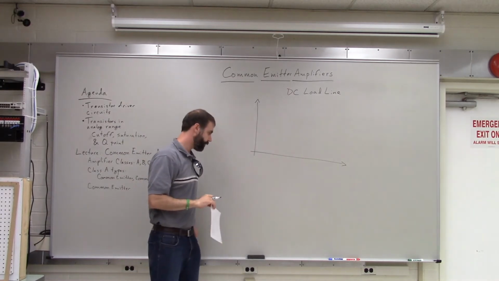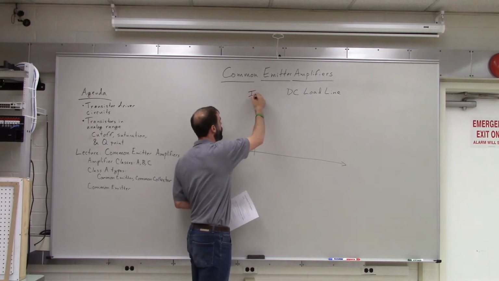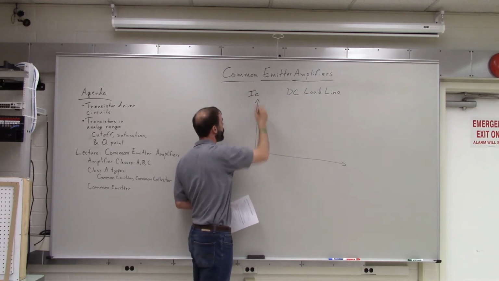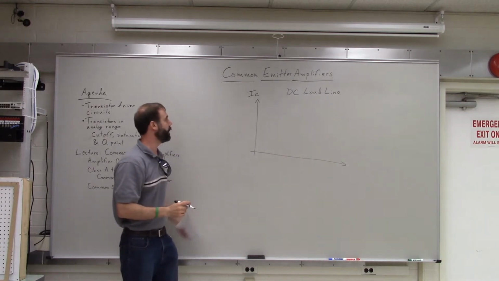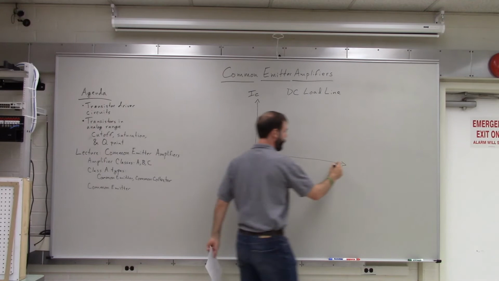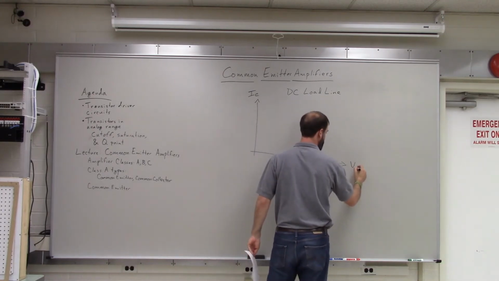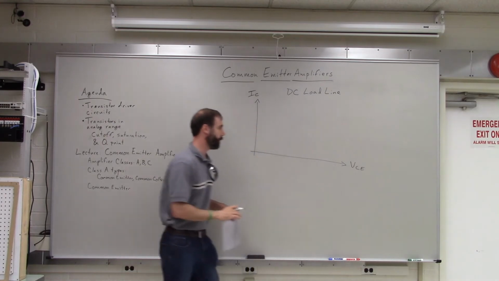On the vertical axis, we had the current through the collector, and on the horizontal axis, we had the voltage between the collector and the emitter. Okay?